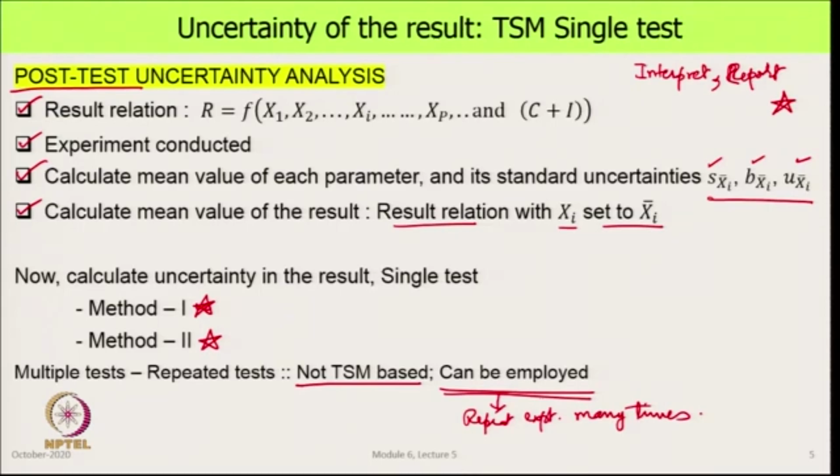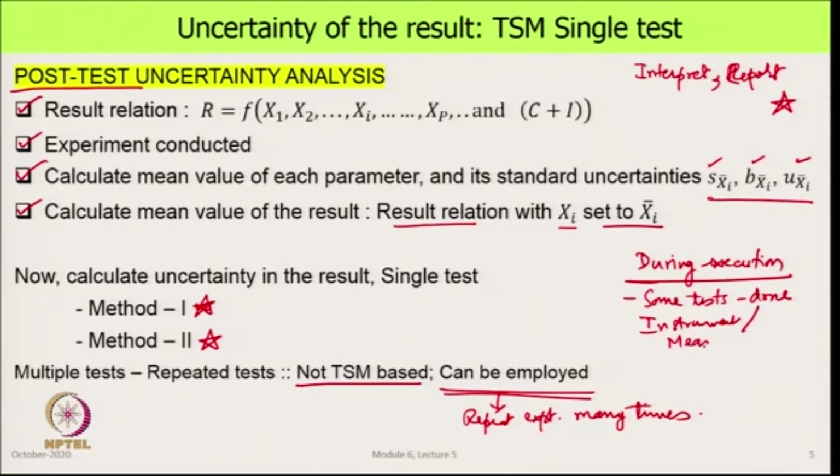And we saw one other modification of this, that if during execution some testing has been done, and now we change some instrument or the measurement technique, and then we continue to do more tests, then also the impact of this change on our result uncertainty can be calculated this way, because here we would have some S xi bar, and so we are not as handicapped as we were in the pre-test case.